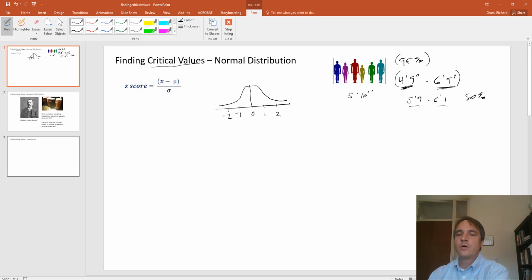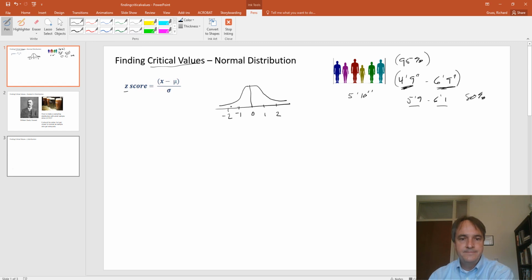So what we're looking for when we're trying to find a critical value is these numbers along the range here, but we want to find them in terms of z-scores, the number of standard deviations above or below. So let's say we've converted all of our raw measurements to z-scores, and we have this distribution here.